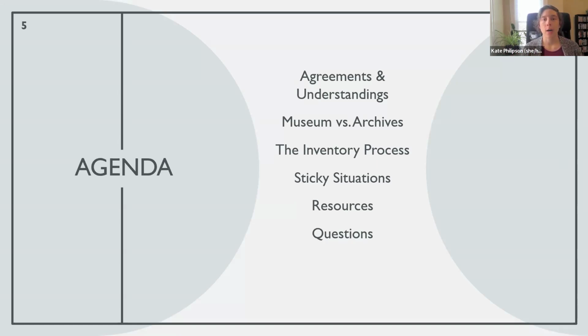We'll take a quick look at how museum collections differ from archival collections, in how we conceptualize them, and start to consider why this will matter for the inventory process.